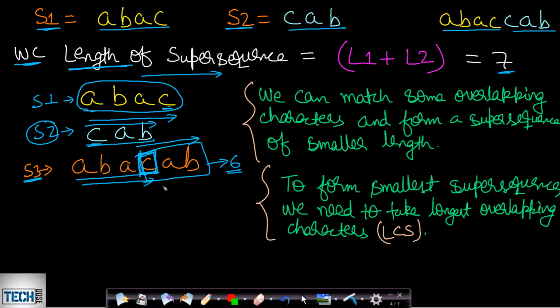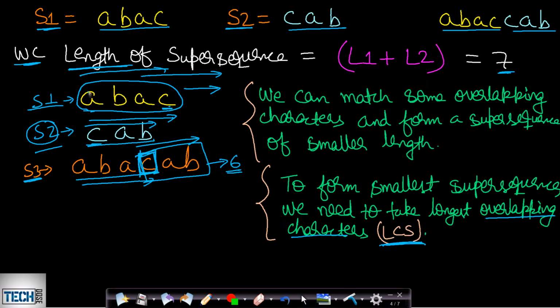So how do you find the maximum number of common characters between two strings which is in order from left to right? Well, that problem is nothing but the longest common subsequence problem between two strings. To form the smallest supersequence, we need to take the longest overlapping characters. The longest number of overlapping characters which is in order from left to right is nothing but the longest common subsequence. So we need to find the longest common subsequence here.